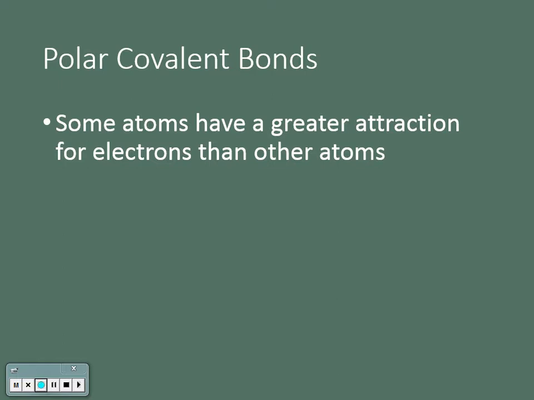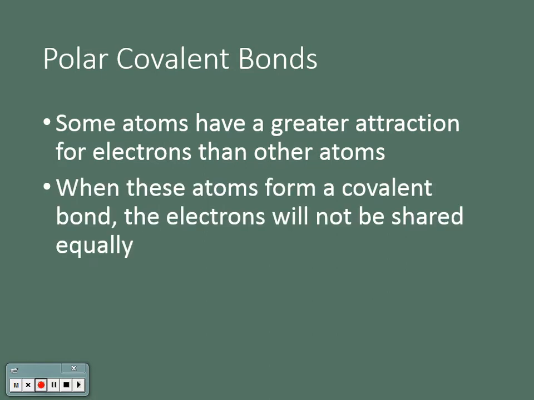Some atoms have greater attraction for electrons than other atoms. That's what electronegativity tells you. When two non-metal atoms join together with a covalent bond, if one has a greater attraction than the other one, they're not going to share those electrons evenly.